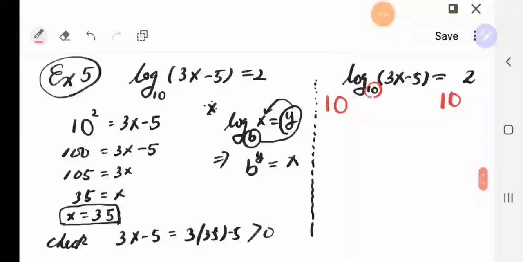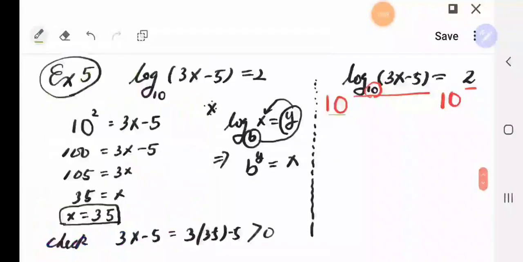This will be the exponents of the exponential form, and 2 is the exponent. So by definition, we can get rid of this base 10 and the log. Let me use a different color.